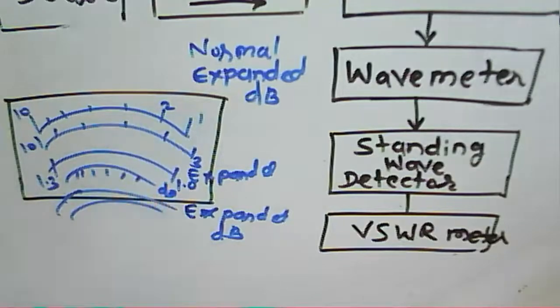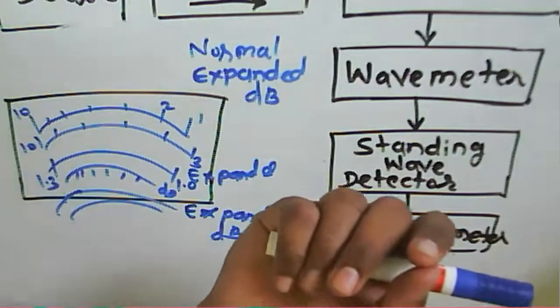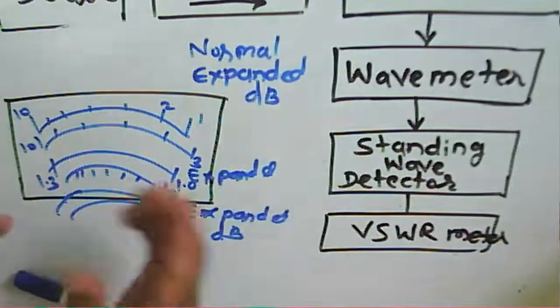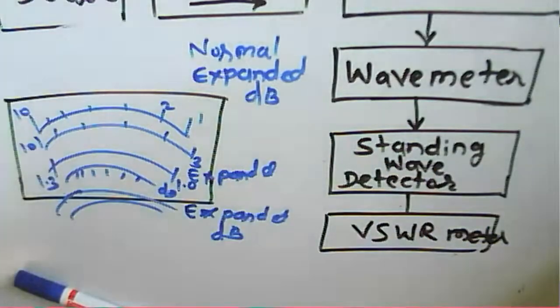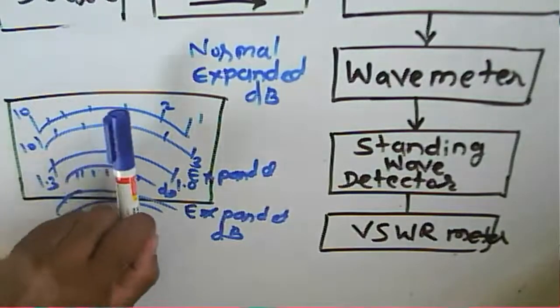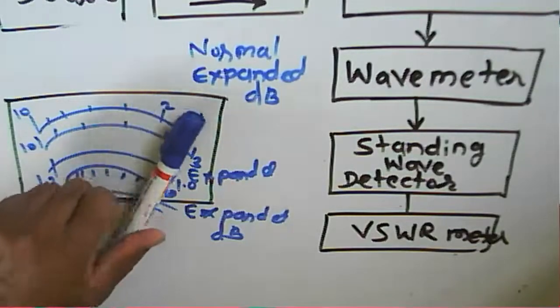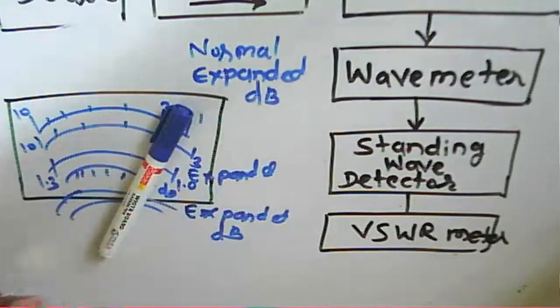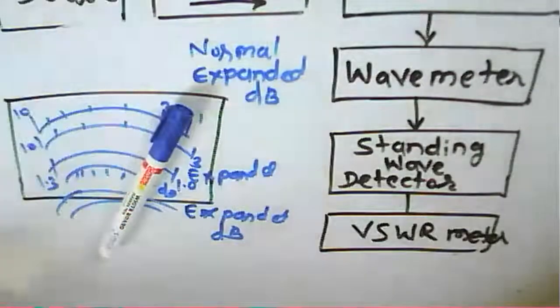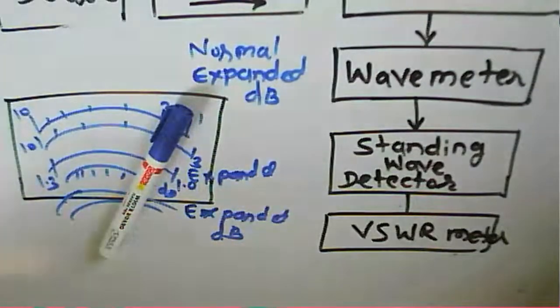Then we rotate the probe and read the VSWR directly. Initially we adjust the deflection to 1 through the gain control knob, or the voltage control knob present on this device.